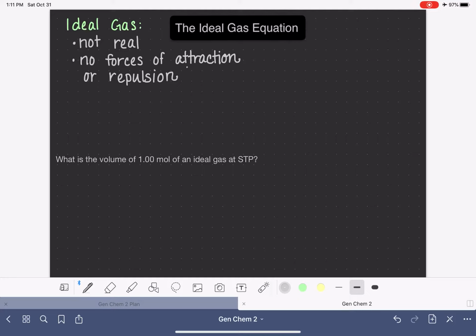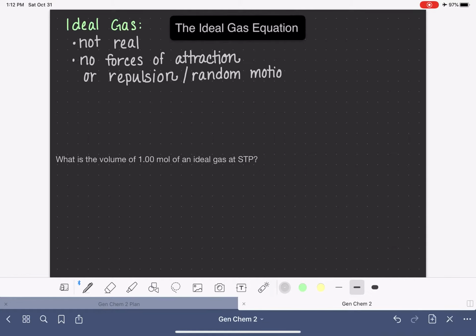And these forces have an impact on the motion of the gas molecules. Maybe they help to pull the gas molecules together, or maybe they help to direct the gas molecules to move apart from each other. Either way, these real forces in a real gas have an effect on the motion of the gas. An ideal gas, because we're modeling that it has no attractive or repulsive forces, has truly random motion.